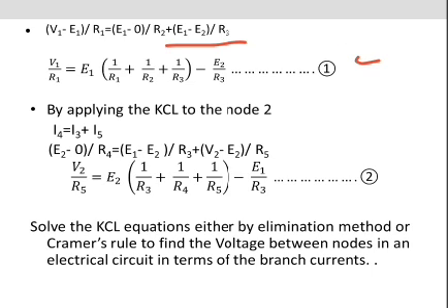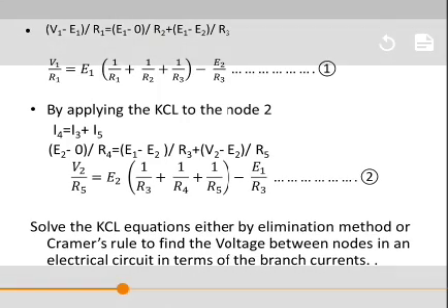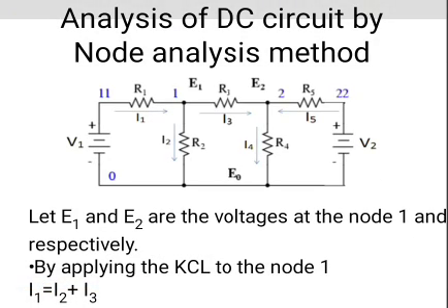By applying the KCL to node 2, I4 equals I3 plus I5.